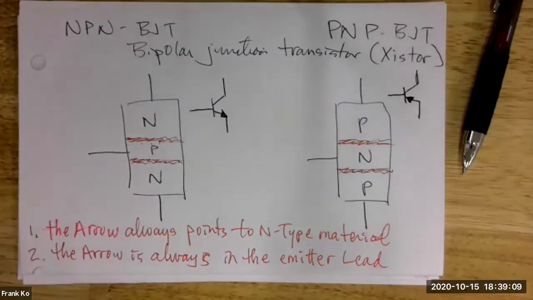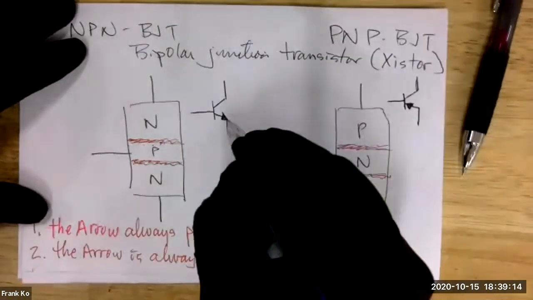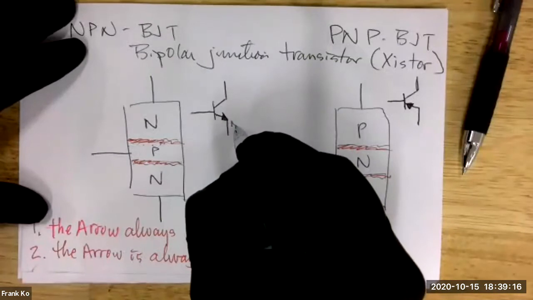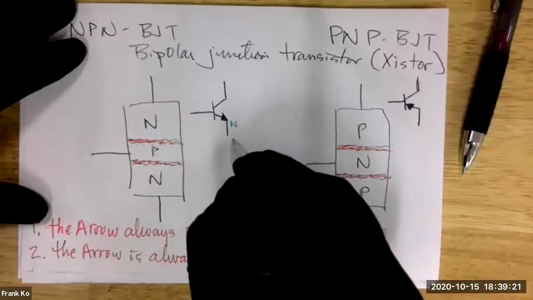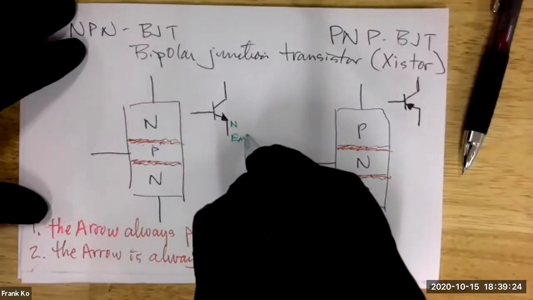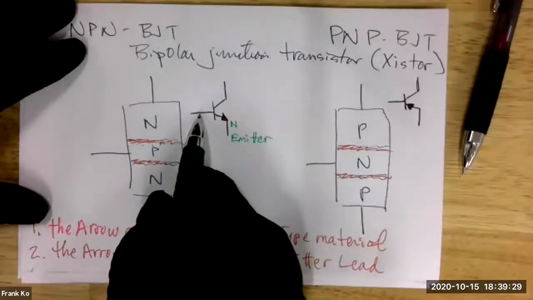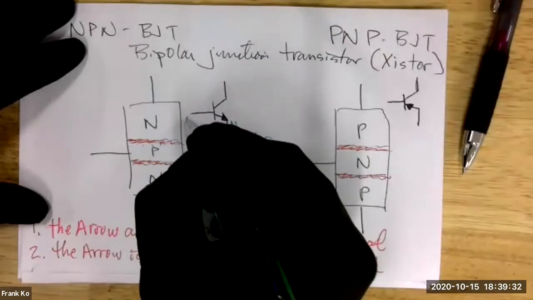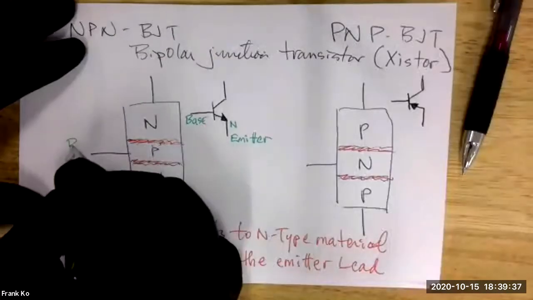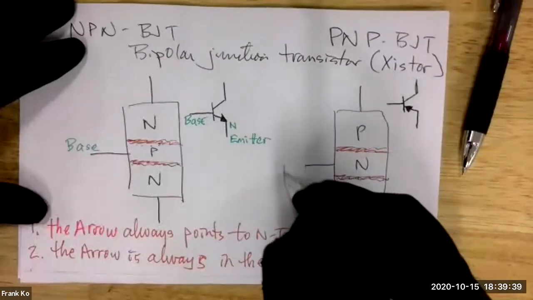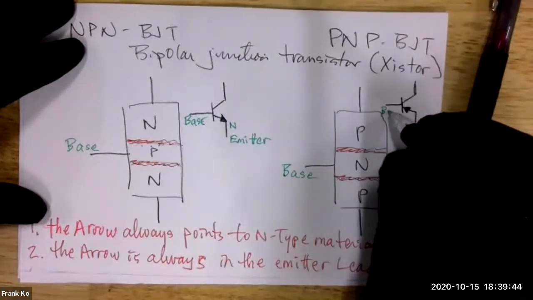The emitter lead. So it tells you in this diagram, you have what material here? This is N-type material. And the wire that this is on, this is called emitter. The middle lead of these diagrams will always be the base. So this is base, this is base, this is base, and this is base. Right here is base.